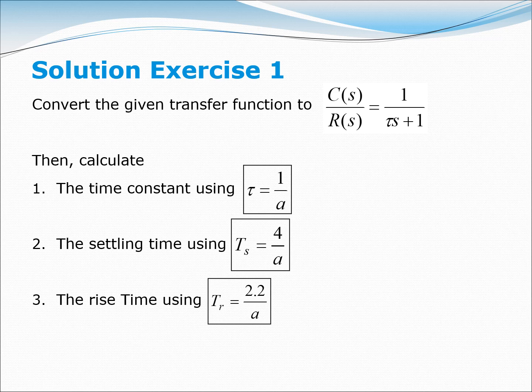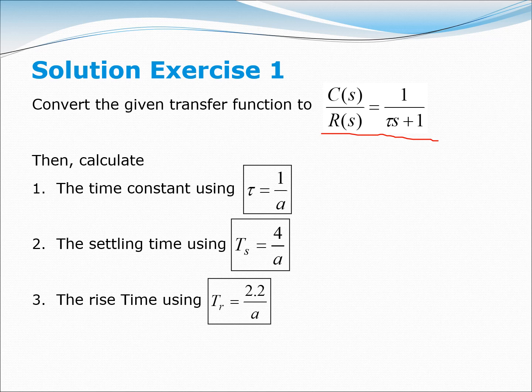The solution is that first you need to convert the given transfer function to the standard transfer function of the first order system as shown here. If you refer to the given G of s, you can say that tau is 1 over 50, meaning that a equals 50.